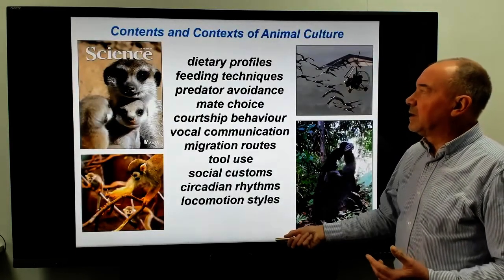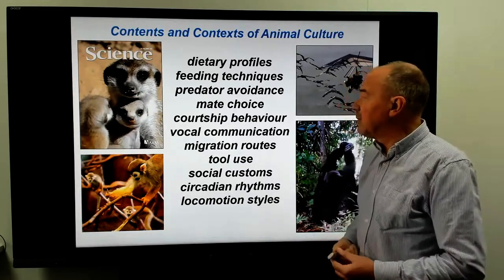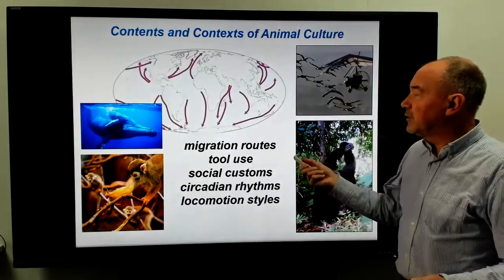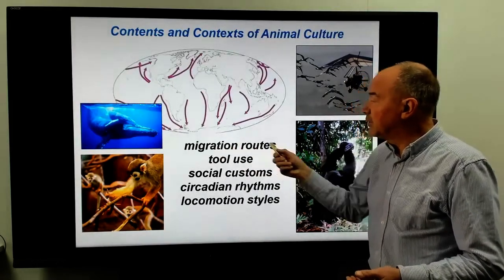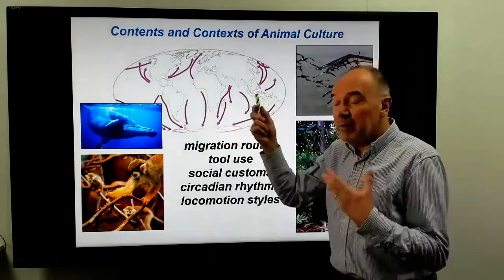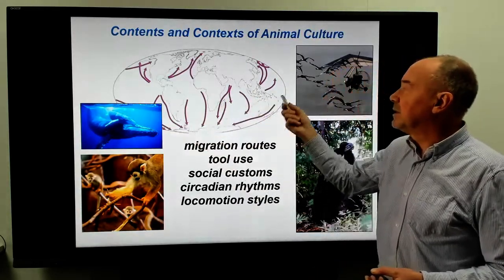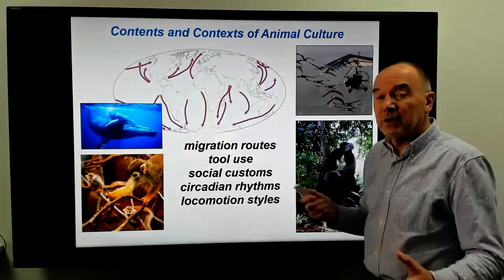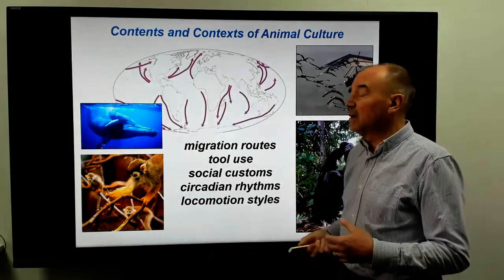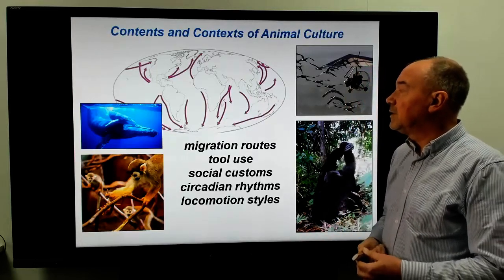And these are, to put this slide up again, some of the contents over which we can make comparisons. If we just focus on one of these for a minute, migration routes, for example, we find that in a diagram like this, well, we might be talking about cetaceans. Whales sometimes migrate halfway around the world between their breeding grounds and their main feeding grounds in another season of the year.